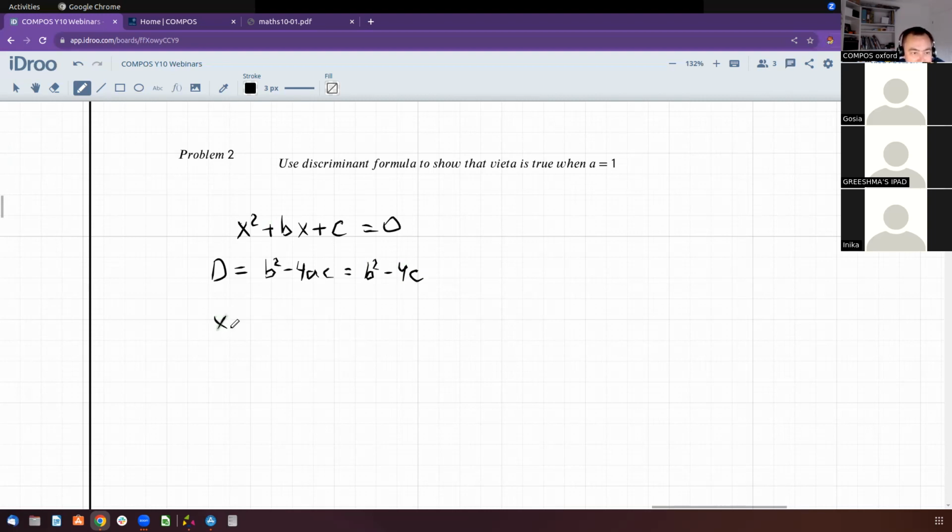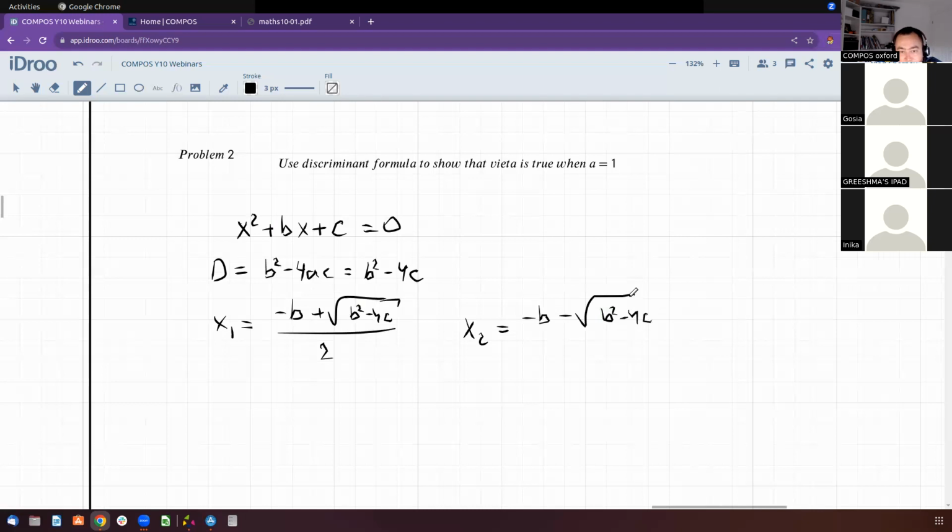And x1 is (−b + √(b² − 4c)) divided by 2a, but a is 1, so divided by 2. And x2 is (−b − √(b² − 4c)) divided by 2.